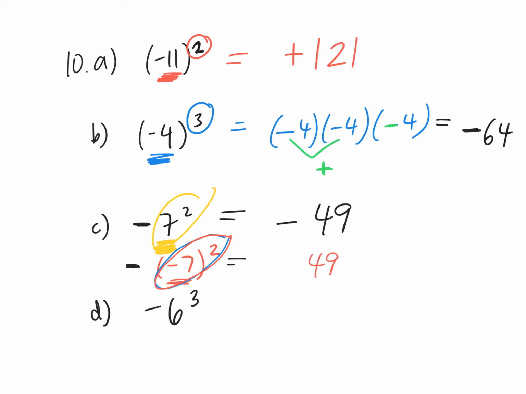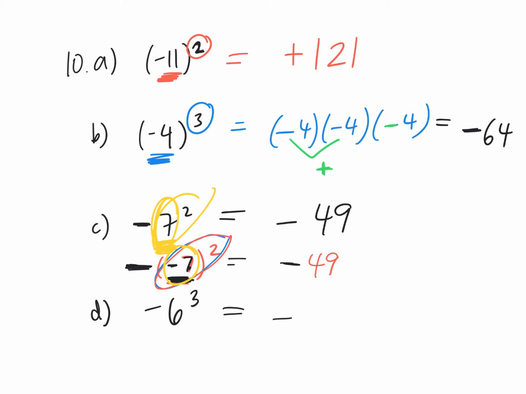Positive 49, but there's a negative outside the bracket, so it would still be -49 for that one, right? Because your base inside the bracket is -7. -7 times -7 is positive 49, but there's a negative outside of that, so you have to put that as your final answer. Okay? So the last one would be positive or negative?